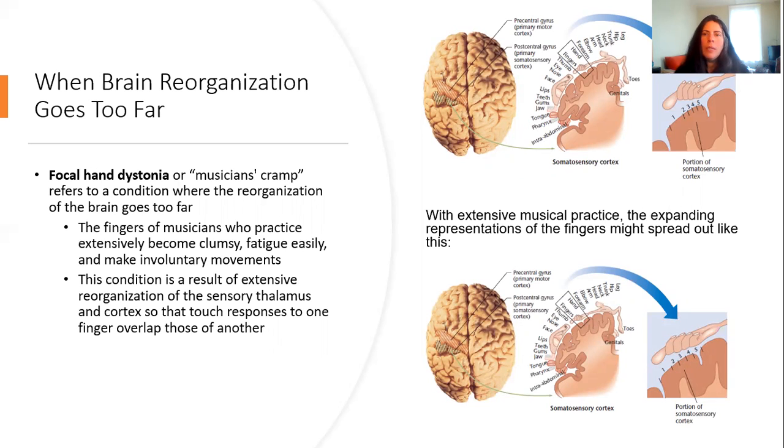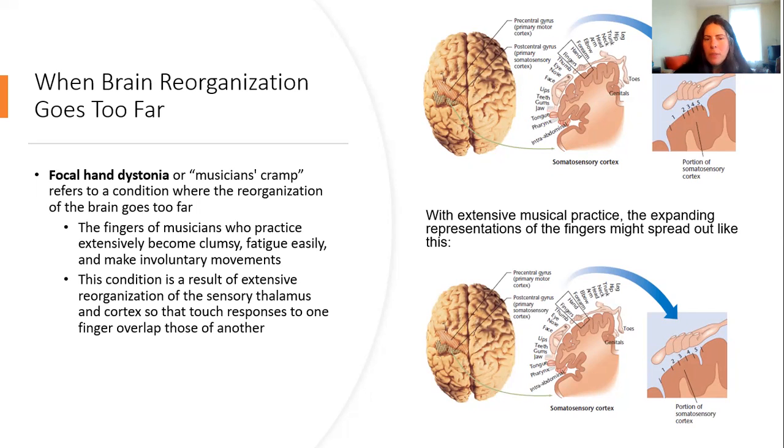There could be instances where brain organization goes too far. Focal hand dystonia or musician's cramp happens when the brain reorganizes and the fingers of the musicians who practice extensively become clumsy, fatigue easily, and make involuntary movements.